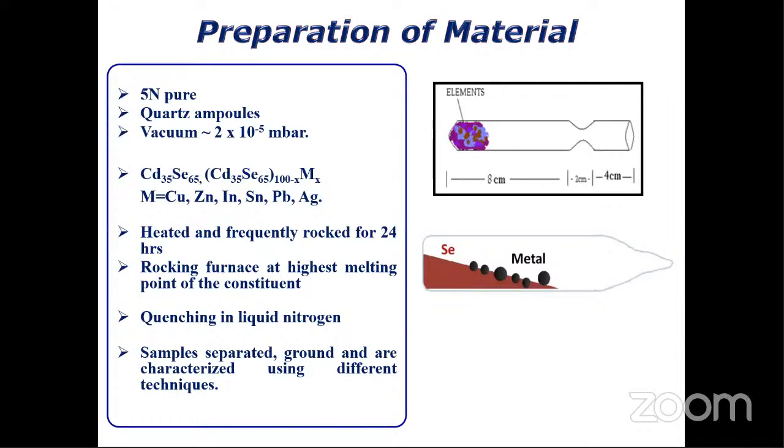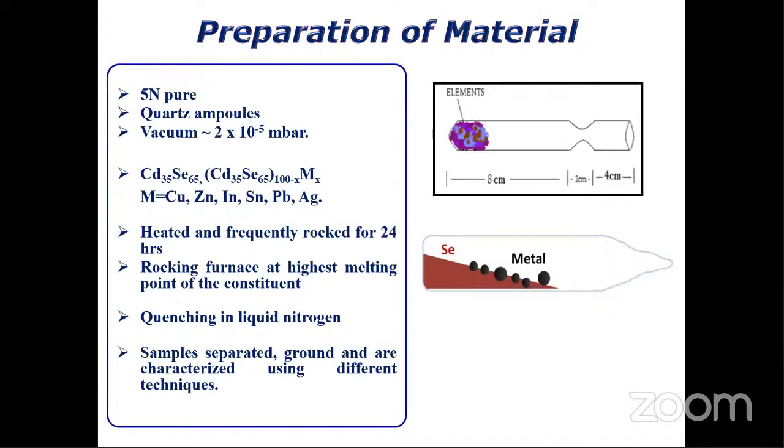So the material, because we need a very high purity material. Let us take an example here. One is cadmium selenide, whose composition is 35 and 65, and then we have done the doping with different metals like copper, zinc, indium, tin, lead, and silver.